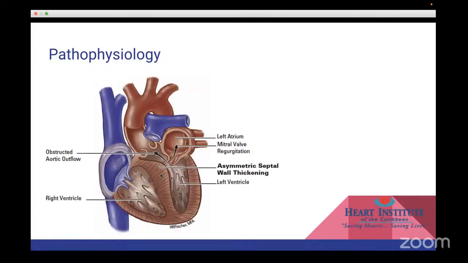That, along with the thickened interventricular septum, worsens this narrowing and worsens the left ventricular outflow tract obstruction. So it's difficult for the blood to leave the left ventricle and go to the aorta. The mitral regurgitation now is because you have the pulling of these leaflets of the mitral valve. The elongation then causes blood to be able to flow back from the left ventricle into the left atrium, resulting in mitral regurgitation. So everything is kind of interrelated.